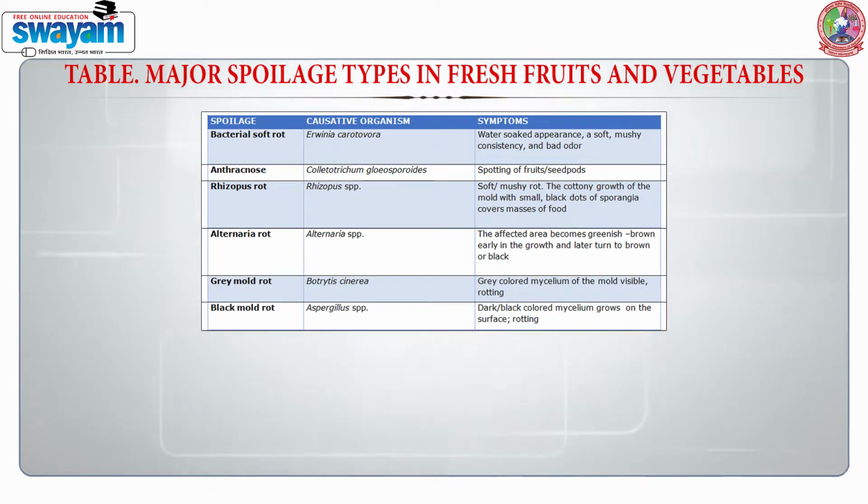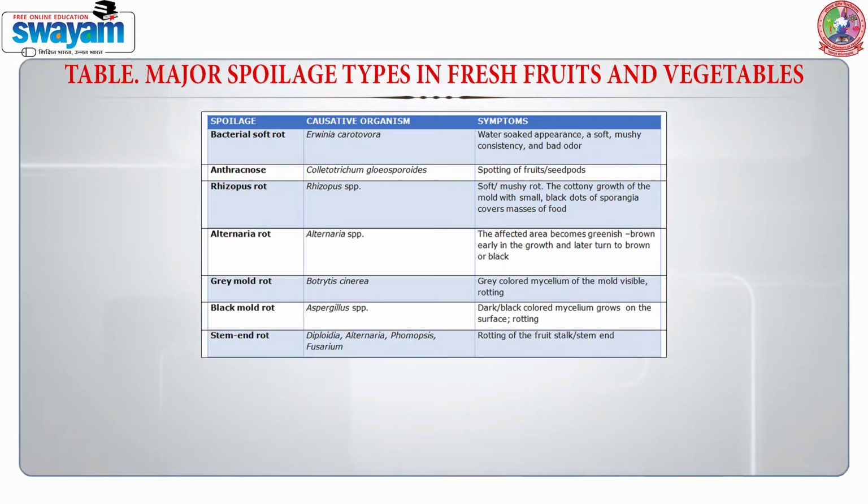Black mold rot is caused by Aspergillus species, and as the name indicates, it shows dark black colored mycelium which is present on the surface, and rotting is also seen. There is another rot which is known as stem end rot, which is caused by Alternaria and Fusarium, and it results in rotting of the fruit stalk and stem ends.